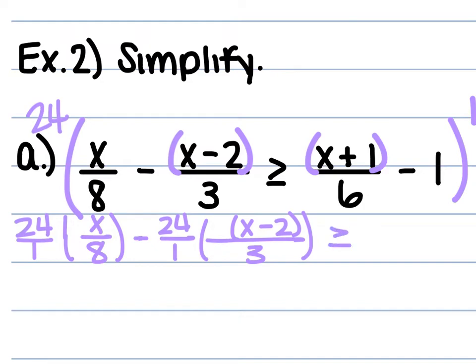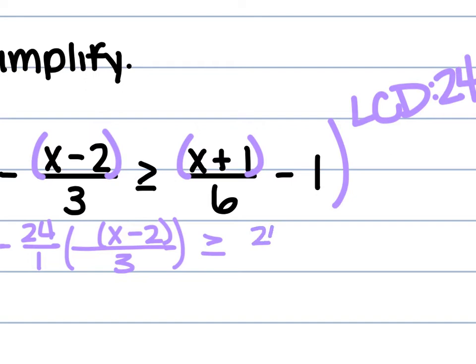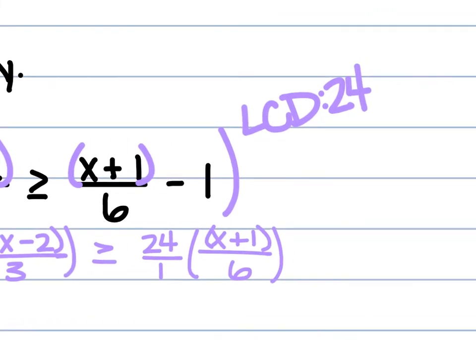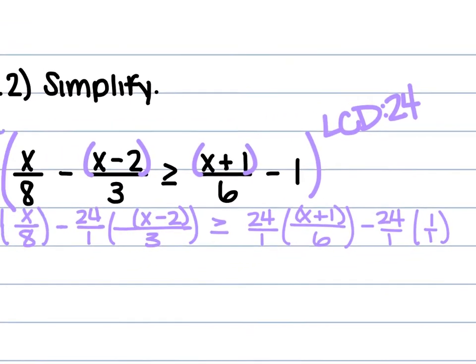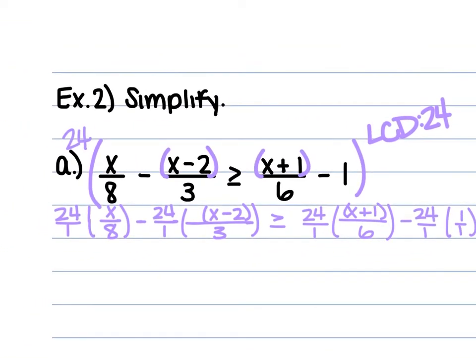Keep the sign. We have a 24 over 1 times x plus 1 over 6. And then a 24, we're going to keep that negative, 24 over 1 times 1 over 1. So I'm taking this sign that's in front of the term and attaching it to the 24, so I remember to multiply by that negative.